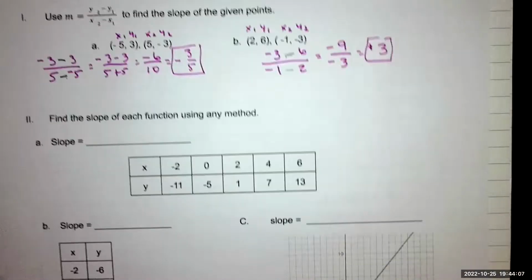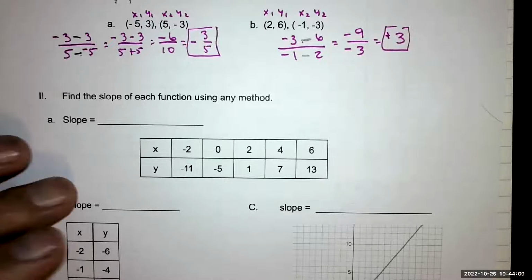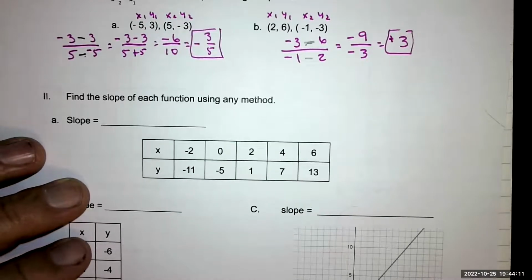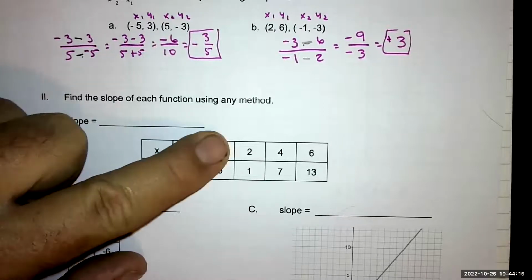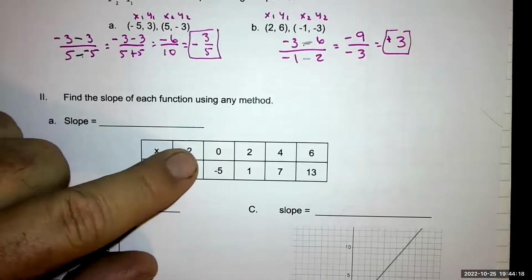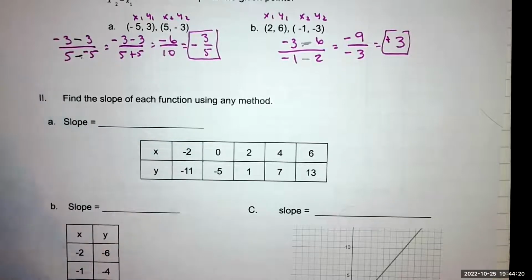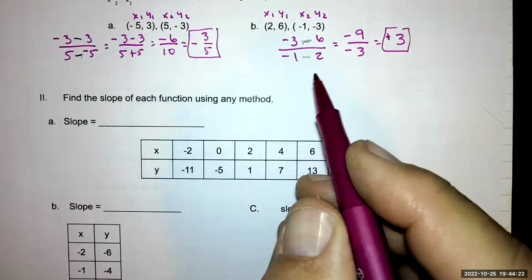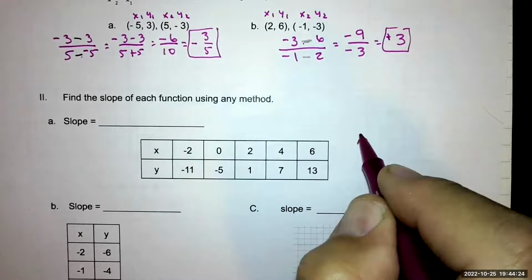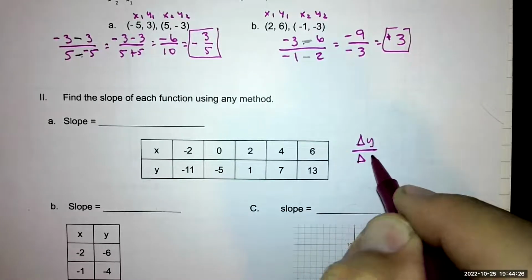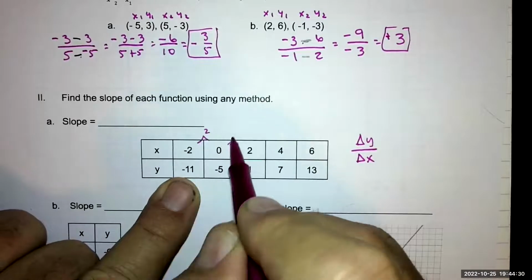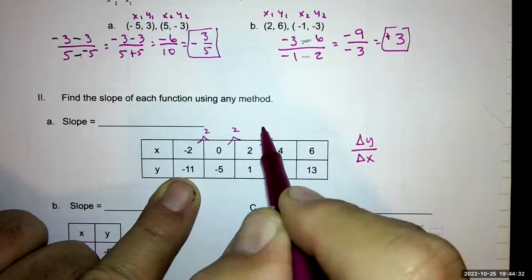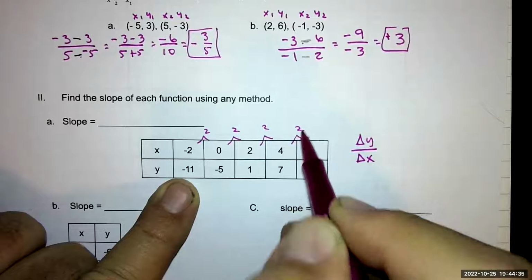All right, section 2, we are going to find a slope from a table. You can pick 2 points. First thing is, I always check to see if x is increasing by 1. It's not, but it looks like it's increasing by 2. So I could pick 2 points and do the change in y over the change in x. I find the pattern: x is increasing by 2 each time.